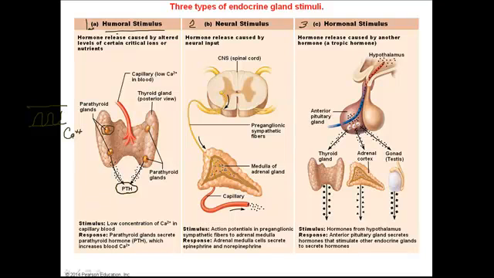Okay, so the stimulus is a low concentration of calcium in the capillary blood, and the response is parathyroid glands secrete parathyroid hormone, which increases the blood calcium. It also has another one called calcitonin. If the levels are too high, calcitonin will be released, and that will lower the blood calcium.